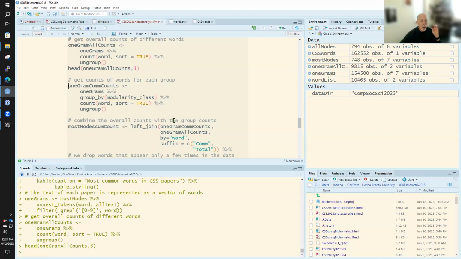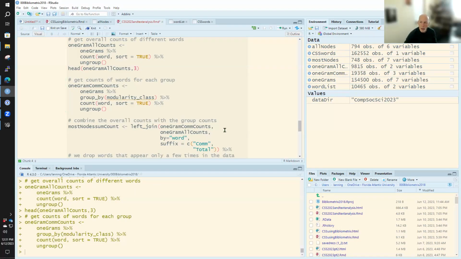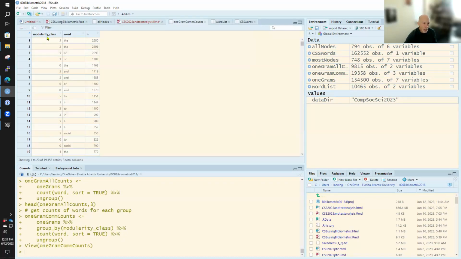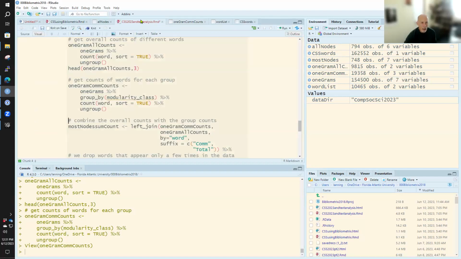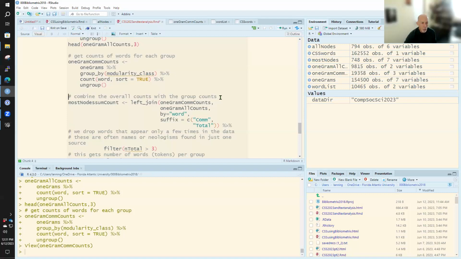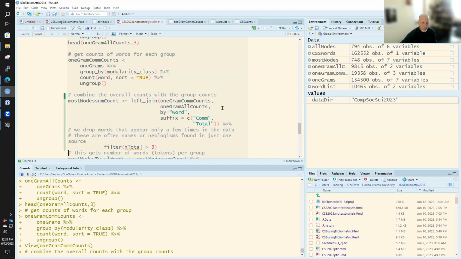Okay, so we're going to get these counts of words for our different groups. And when we do that, now we've got the class, the word, and the count. And obviously, these counts are going to be a function both of the size of the class and the popularity of the word. We're going to combine this with the overall proportions.